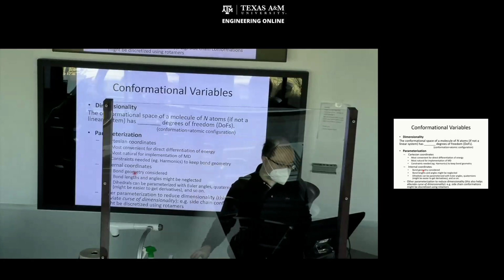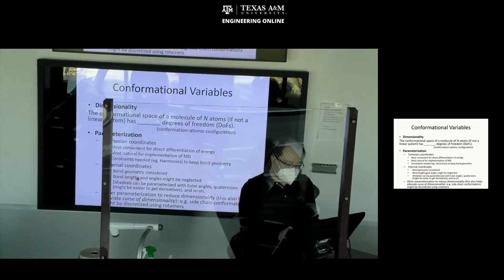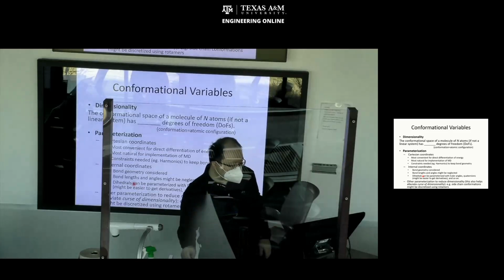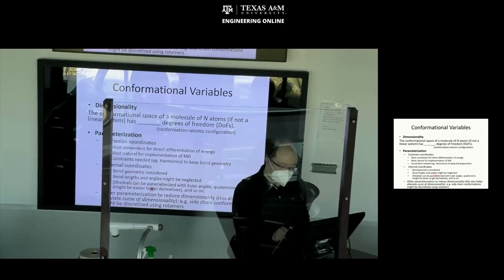The bond lengths and bond angles could be neglected if fixed. Then we can talk about the dihedrals, okay? And then the dihedrals can be parameterized using Euler angles or quaternions and so on, but quaternions would be an easier way to get derivatives if you need it.